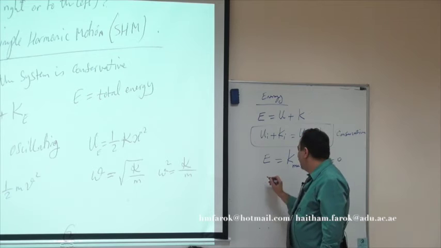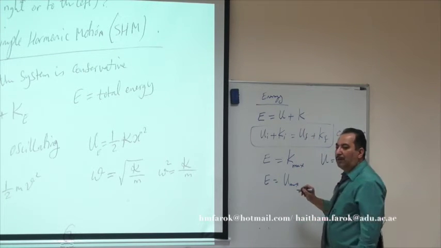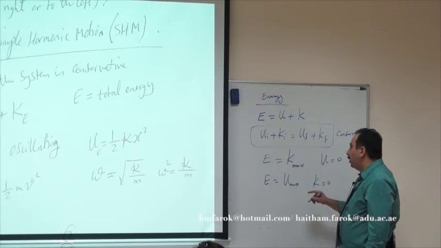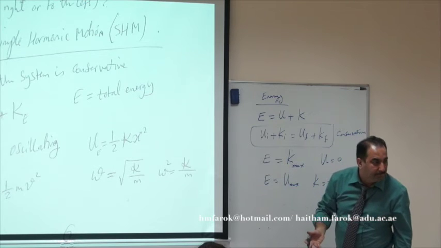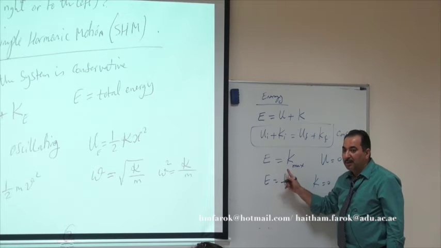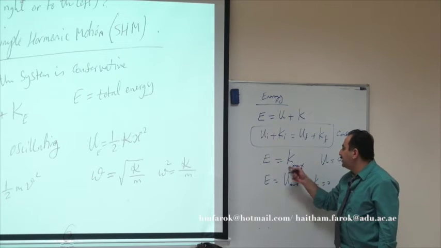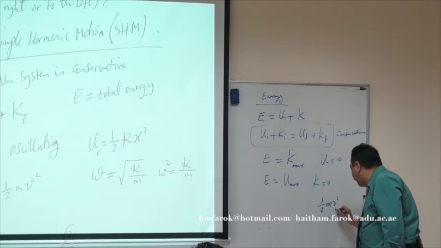What is the other one? E equals U max when kinetic is 0. But E is equal to U plus K in general. Okay? Don't say E equals K, wrong. It must be K max. And when you say K max, it means half m v squared, which v?